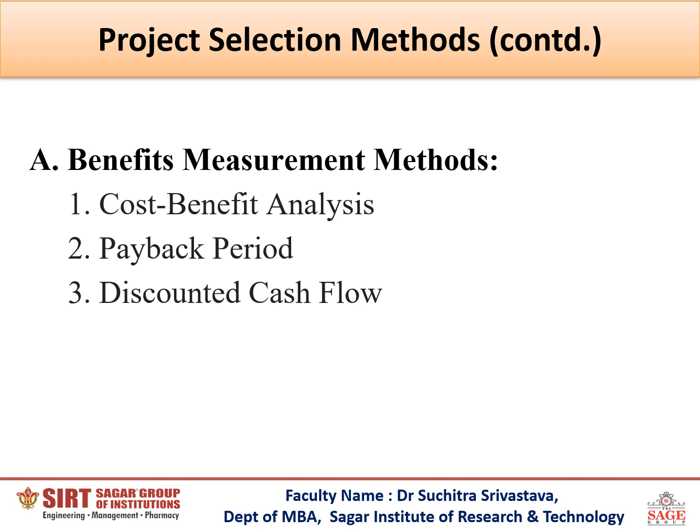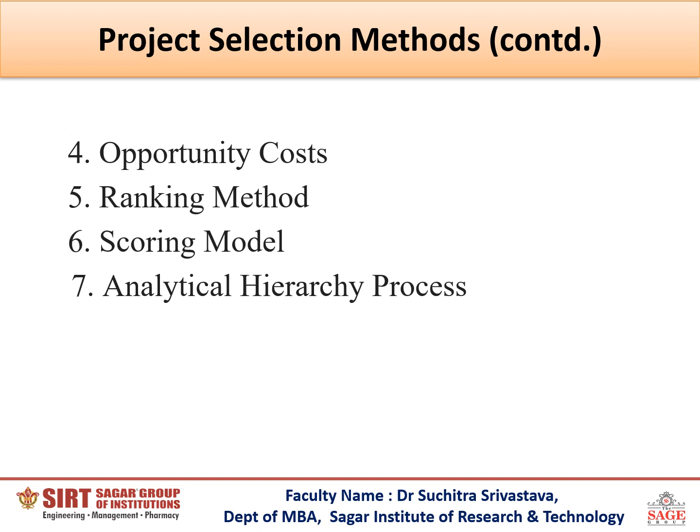The first category talks about the benefit measurement methods. Now, under this we have the cost benefit analysis, the payback period, the discounted cash flow method. The next being the opportunity costs method, the ranking method, the scoring model wherein we assign scores to the prospective projects, and the last being the analytical hierarchy process.